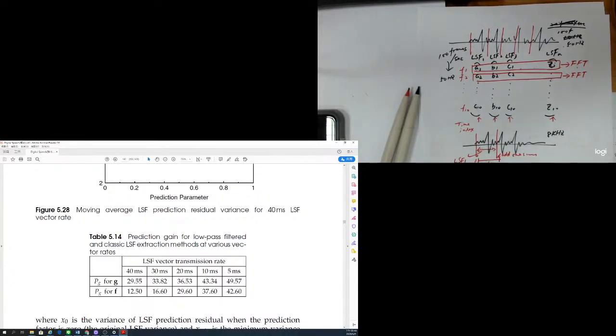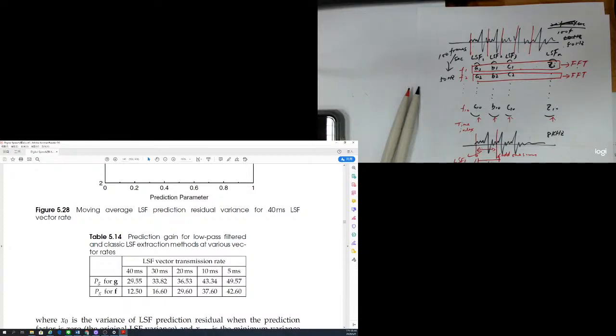If we consider a small speech frame, it includes high frequency energy, with low pass and without. You can see the prediction gain difference is around 7. For 10 milliseconds it could be around 7 or 6, so you can see it becomes bigger, and the prediction gain becomes better.